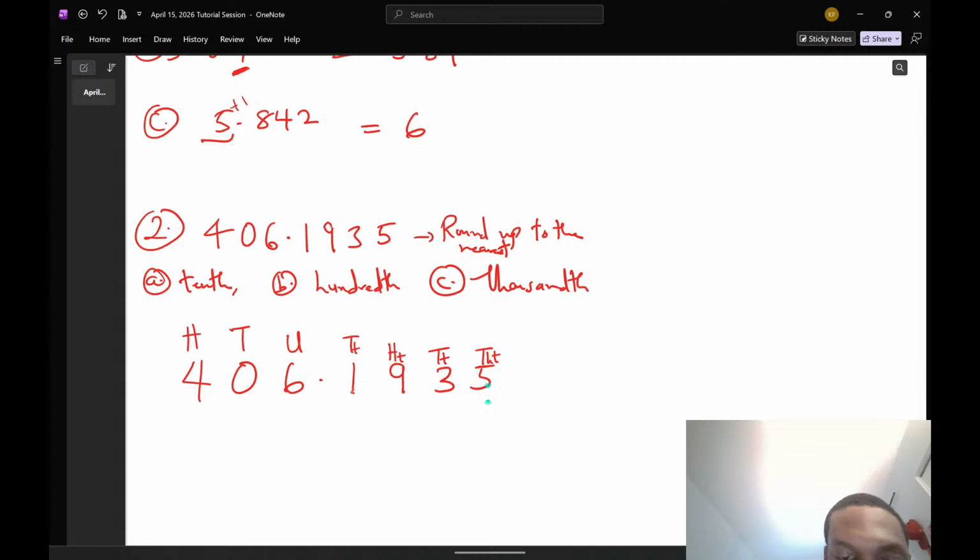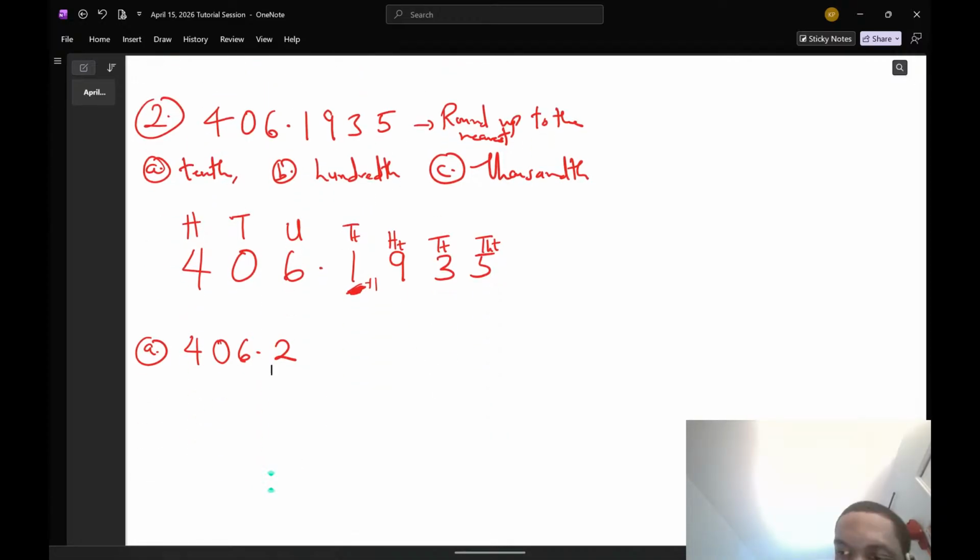Now this is the tenth place, so this is the center of focus. The number right behind the tenth place is 9. Because 9 falls in the range of 5 to 9, we add plus 1 to this one. So rounding up 406.1935 to the tenth place gives us 406.2.